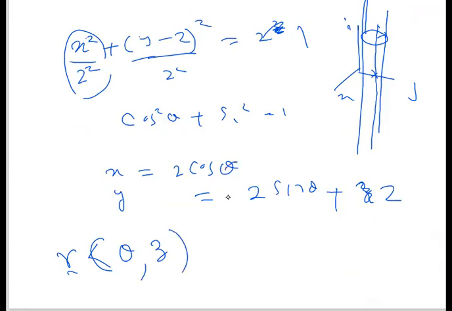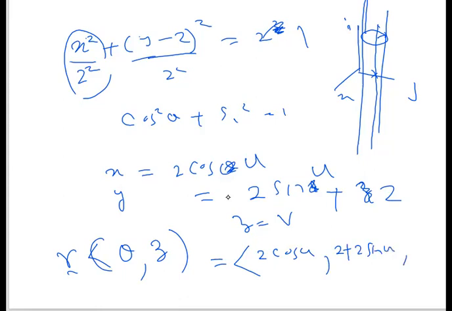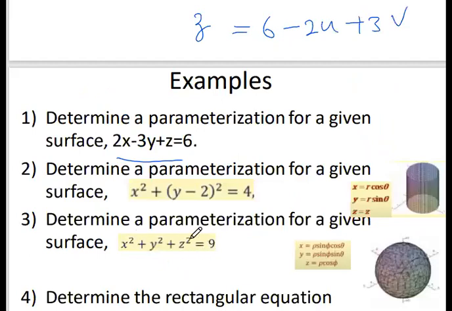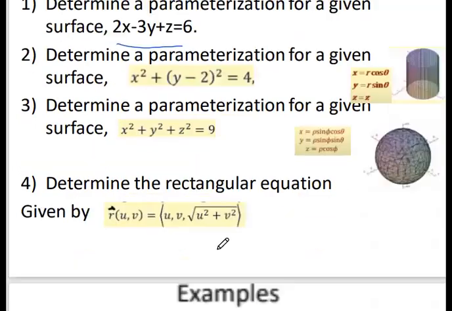Or you can use u and v if you like. So z equals z. The x coordinate is 2 cos u, y is 2 plus 2 sine u, and the other variable is z. So like that, you can parameterize. Can you parameterize this one also?